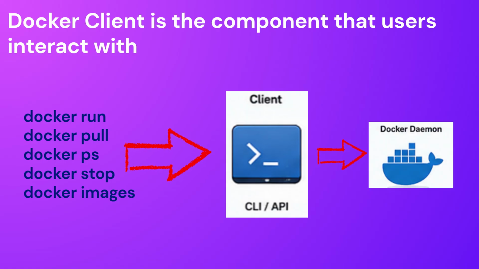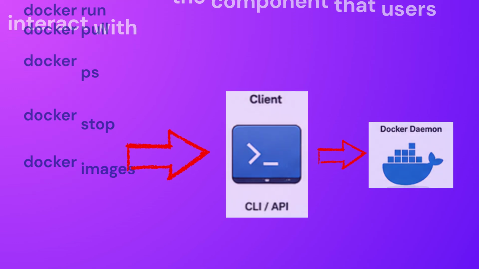It does not. The Docker client is only responsible for receiving user instructions and passing them to the Docker daemon. So we'll discuss the Docker daemon component in the next lecture. Let us focus on the Docker client.